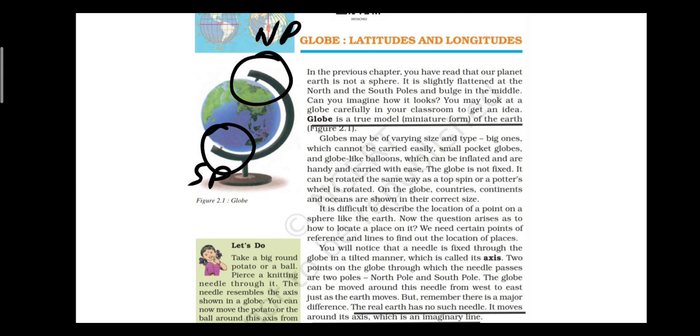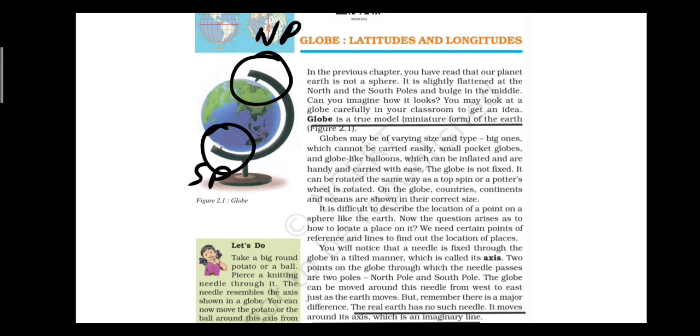Then moving on to the third paragraph, it is difficult to describe the location of a point on a sphere like Earth. Now the question arises as to how to locate a place on it. We need certain points of reference and lines to find out the location of place.